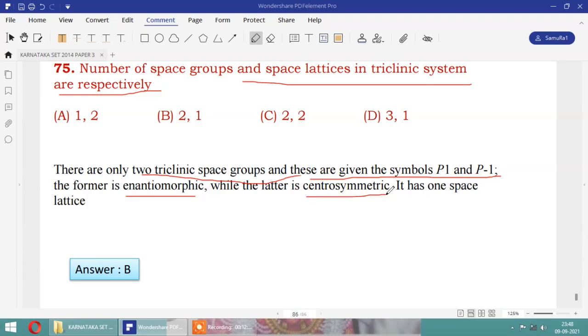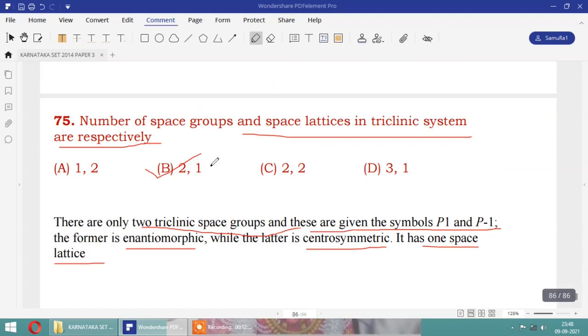There occur two space groups and it has one space lattice. So 2, 1. Answer B is correct. So in a triclinic system it has two space groups and one space lattice.